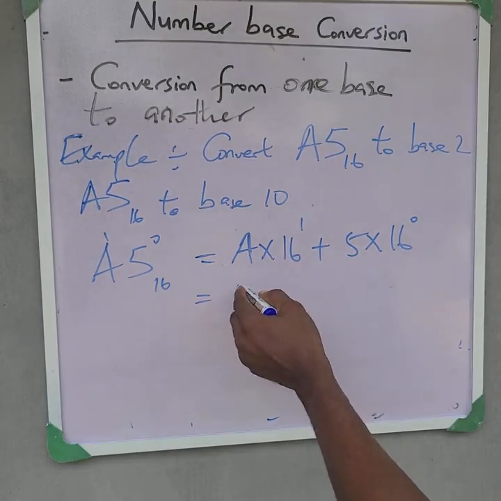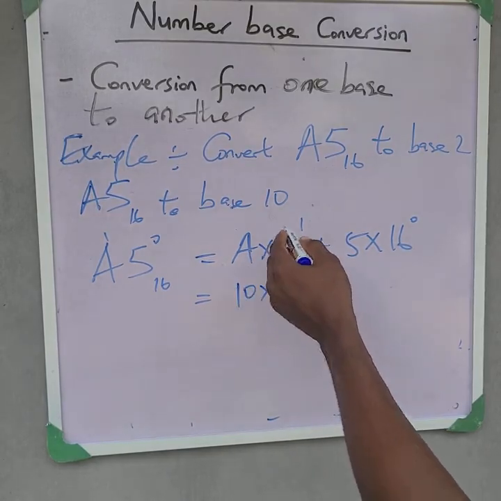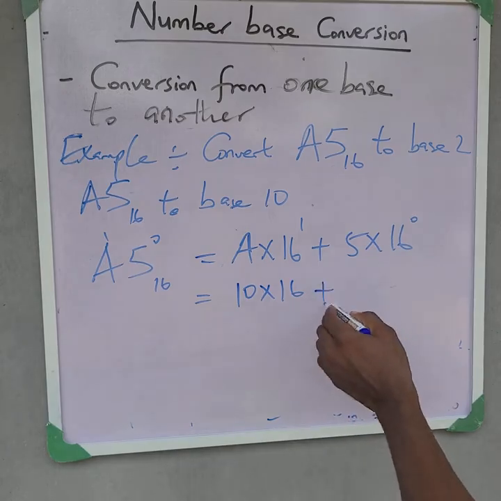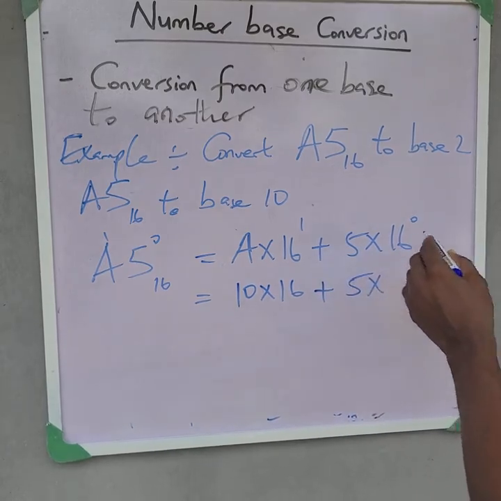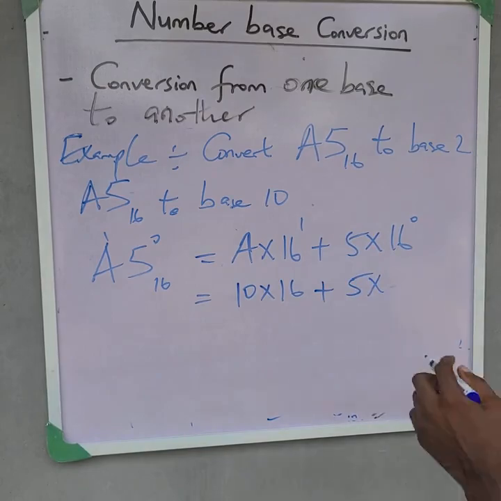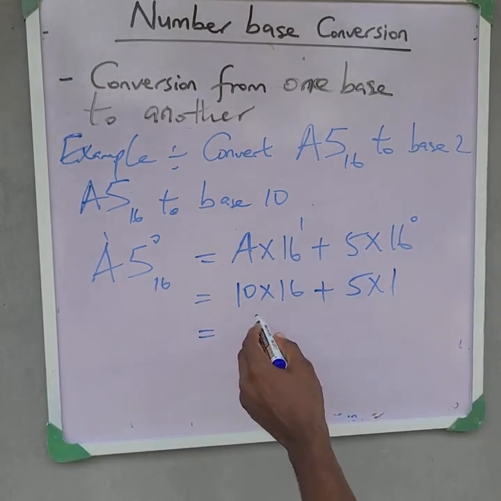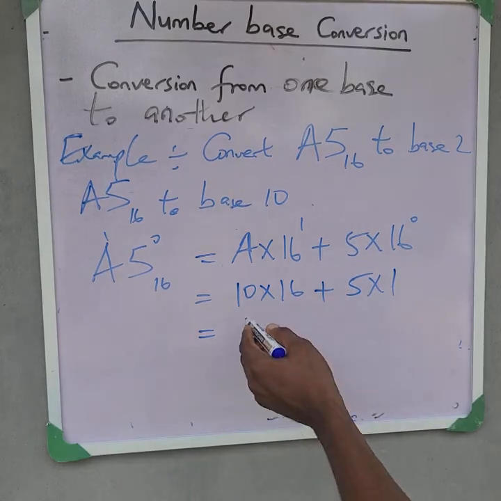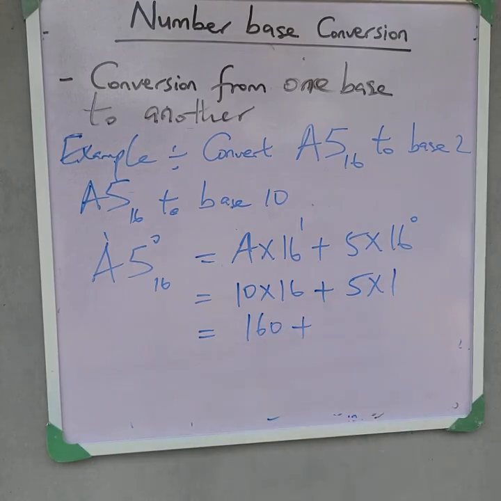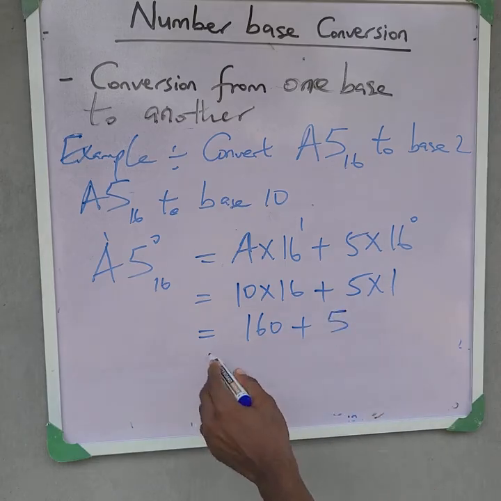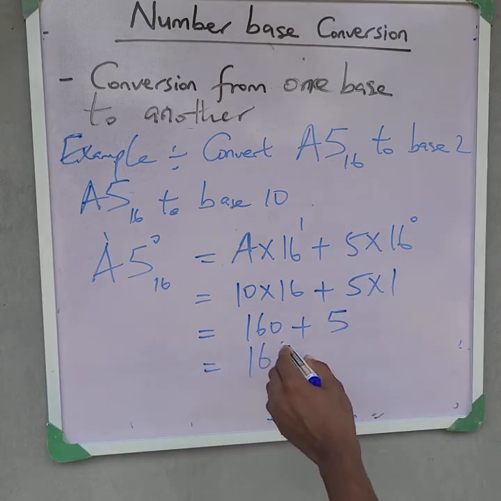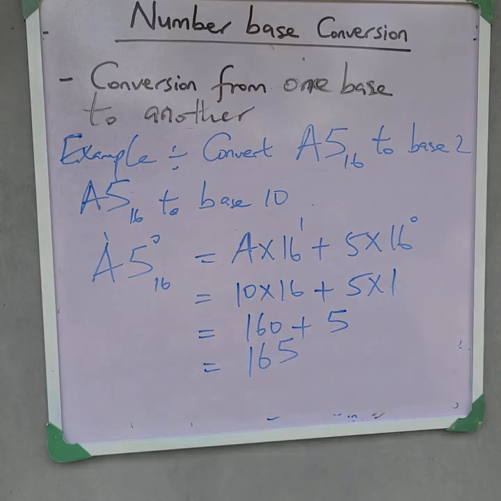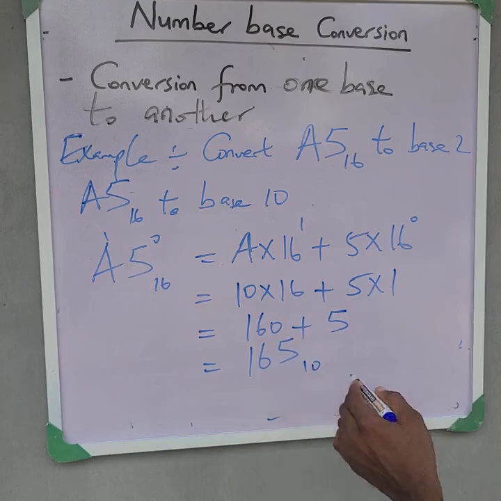So 10 times 16 raised to the power 1 is 16, plus 5 times 16 raised to the power 0 is 1. So this is equal to 10 times 16, which is 160, plus 5 times 1, which is 5. So this is equal to 165 in base 10.